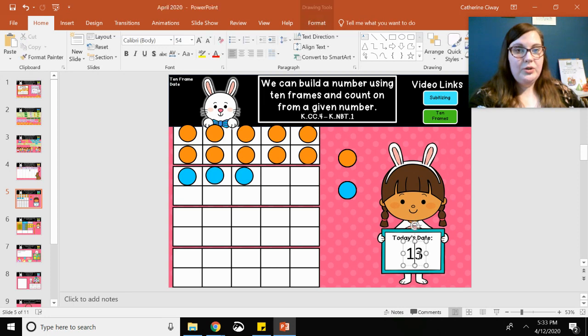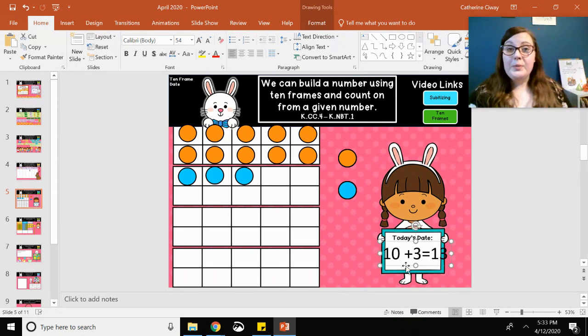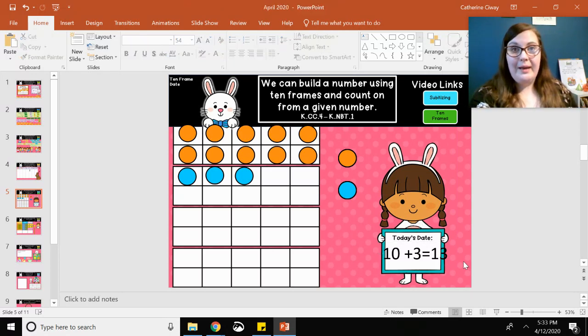If we wanted to, I could even turn this into, not the equal sign yet, 10 plus 3 equals 13. That helps me with my teen numbers, being able to decompose them into an addition fact.